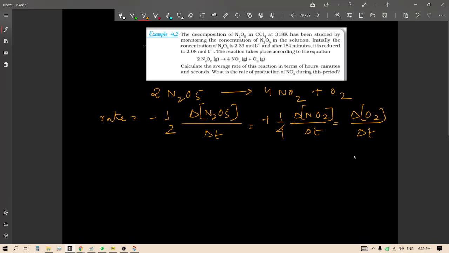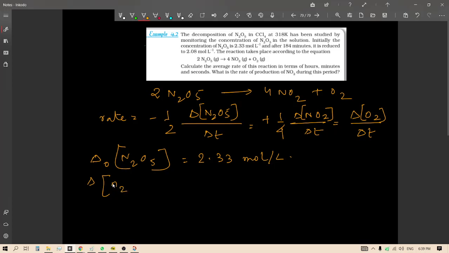Now it is given that the initial concentration is 2.33, so N2O5 at 0 is equal to 2.33 mole per liter.